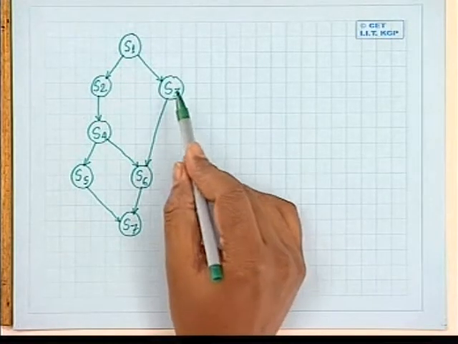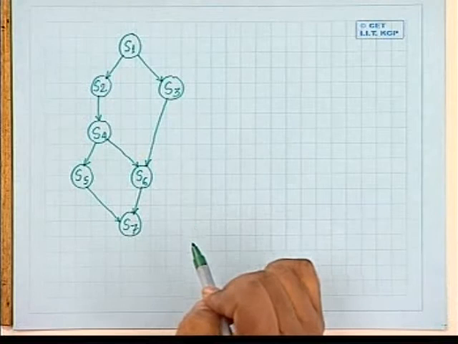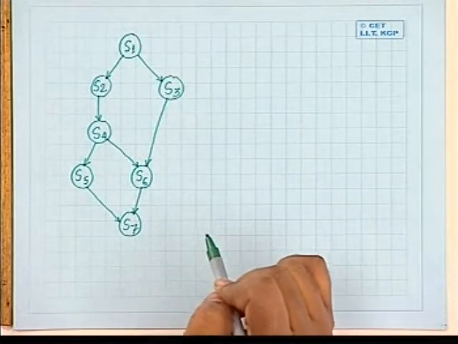Okay. So for this precedence graph, you will find that we can easily write a fork join structure to translate this into a concurrent program. You take this as an exercise. And if you try to write a co-begin co-end structure to translate this into a concurrent program, you will find that you cannot.